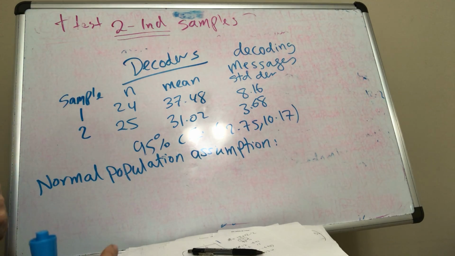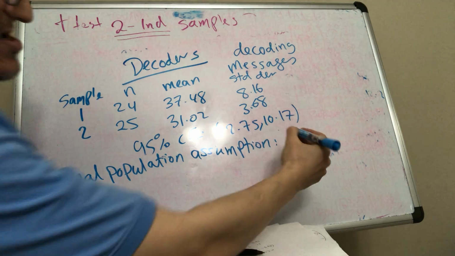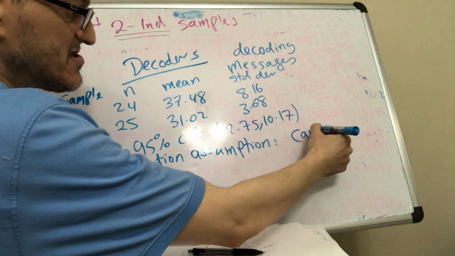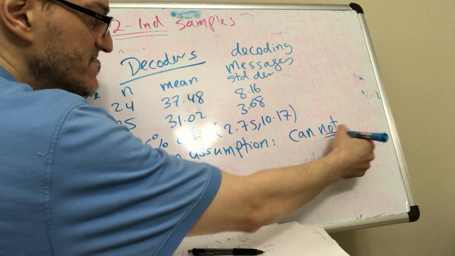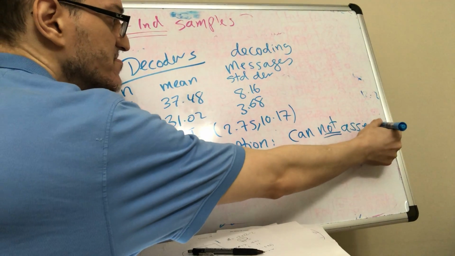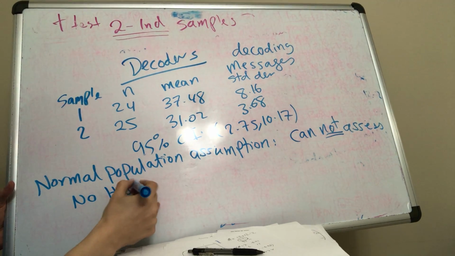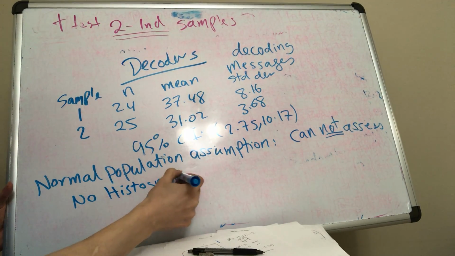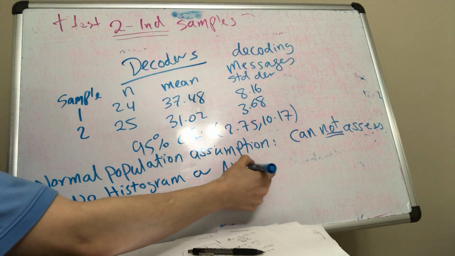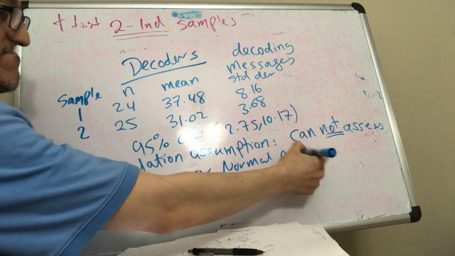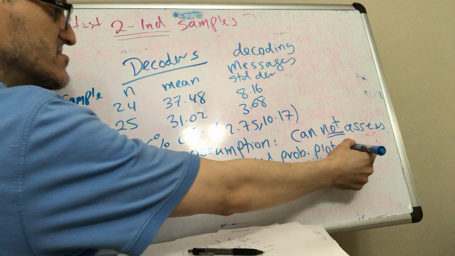They haven't mentioned in the question that it's a normal distribution, and there is no plot given. So in this case, you say cannot assess, no histogram or normal probability plot given.